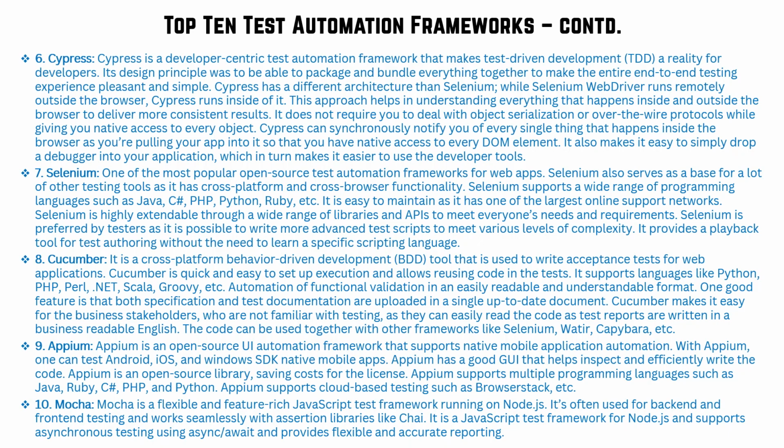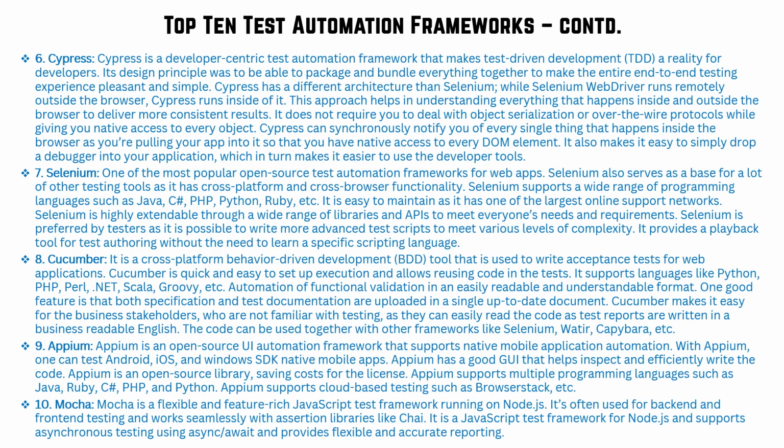Then Appium, mostly you know that Appium primarily deals with mobile automation. In case you want to perform mobile automation, like Android or iOS based, you can do it. So Appium is an open source UI automation framework that supports native mobile application automation. With Appium one can test Android, iOS and Windows native mobile apps.